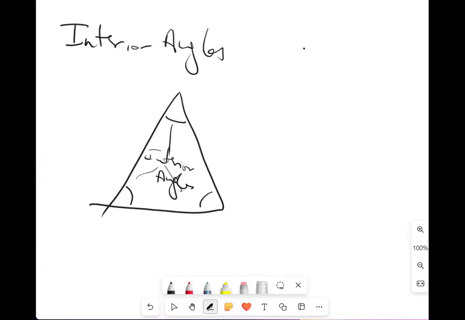And you're going to hear that the interior angles of a triangle add up to 180. There's a theorem like that. Exterior angles might refer to this angle outside here. If you were to project this line up through it, this is an exterior angle. It's outside of the triangle, and that's why you call it that.